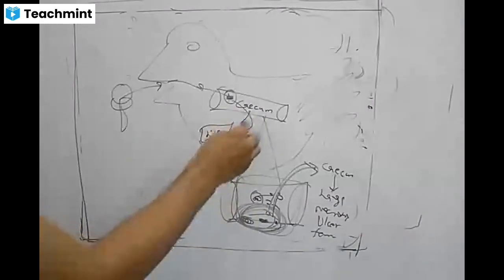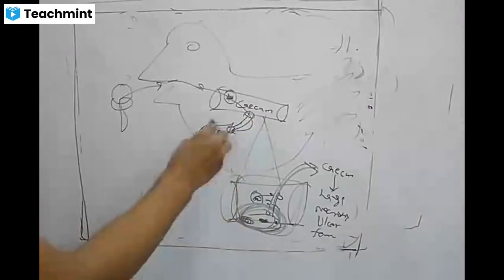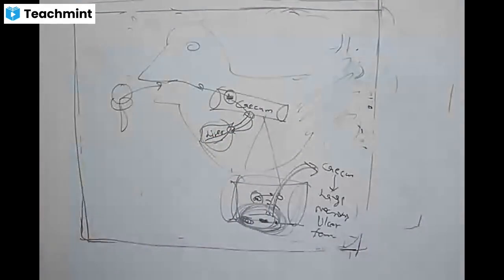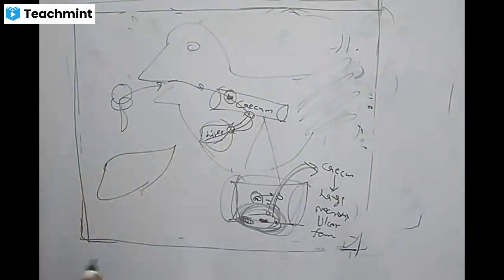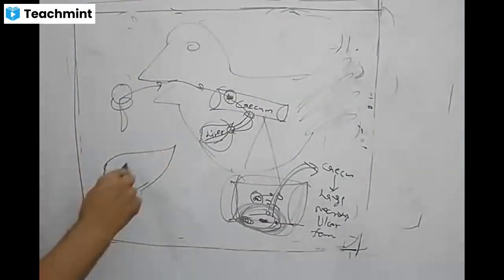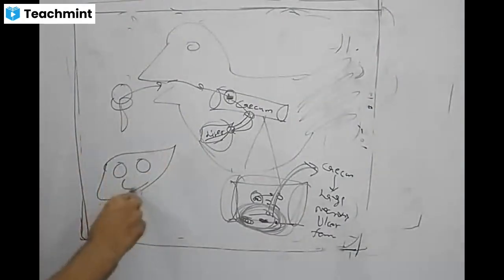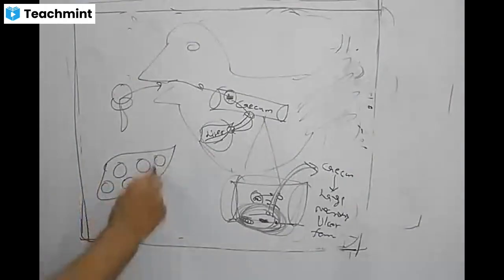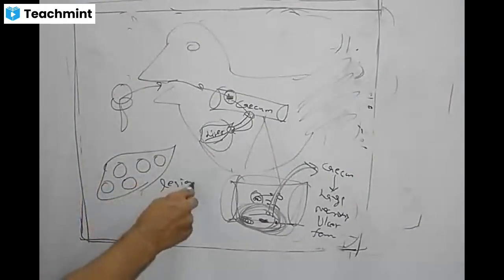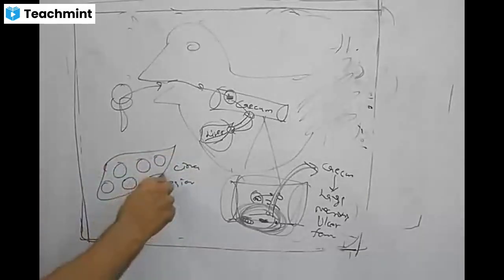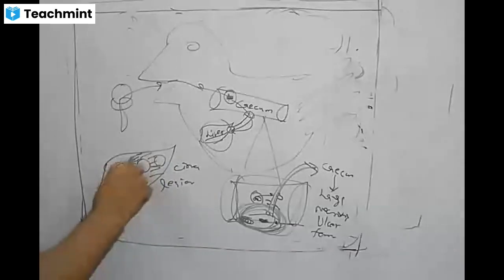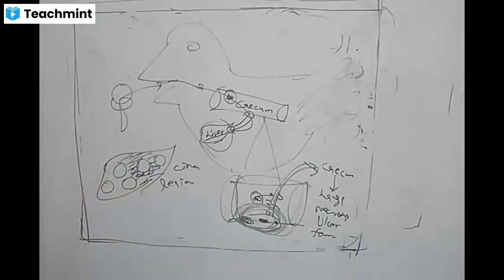Some of them, through the portal circulation, enter into the liver. So what happens in case of liver? This is the liver. These protozoa form circular lesions. But these circular lesions are depressed from the side of the surrounding parenchyma.